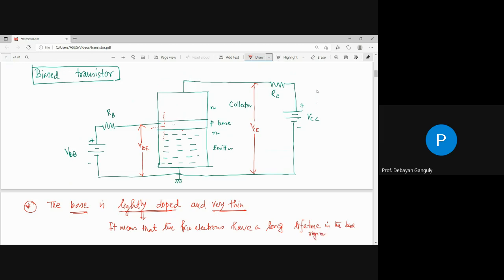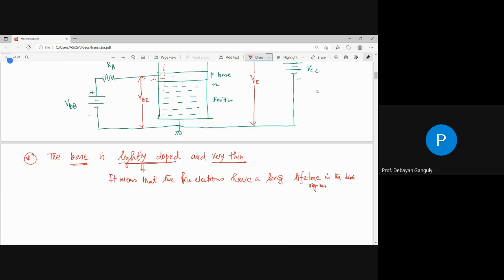If it has a long lifetime, there is more probability that the collector will collect the electrons. And the reason for the very thin base is that the free electrons have only a short distance. A thin base means they will travel a short distance to reach the collector.